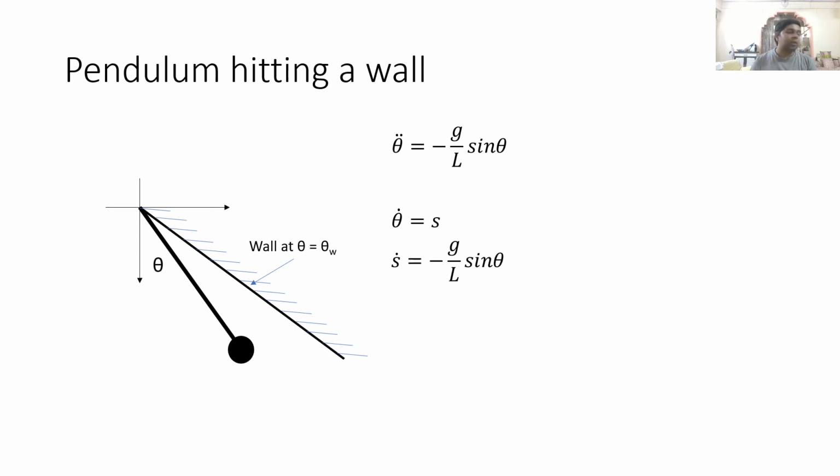Then introduce the effect of the collision, and then just after the collision we know what will be the initial angular position and the angular velocity. So it will be basically just the reversal of the sign and then some reduction in magnitude if the coefficient of restitution is less than 1.